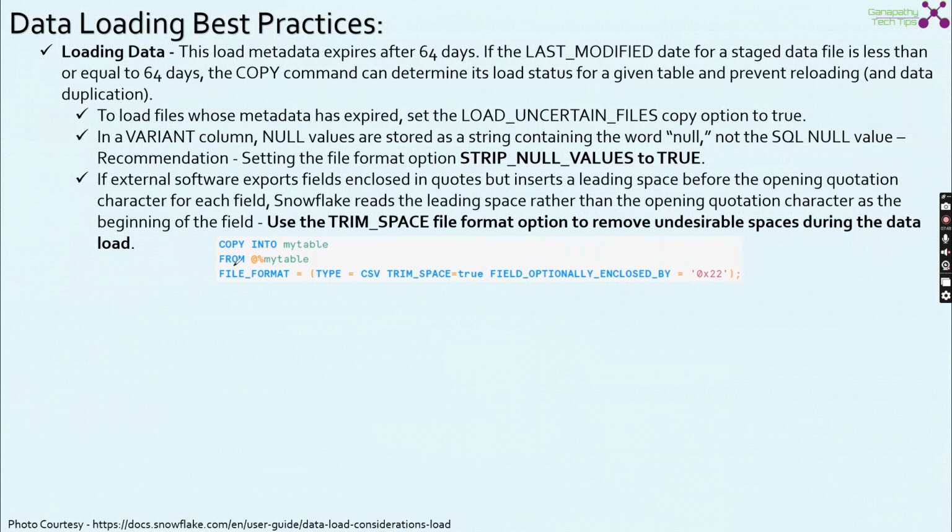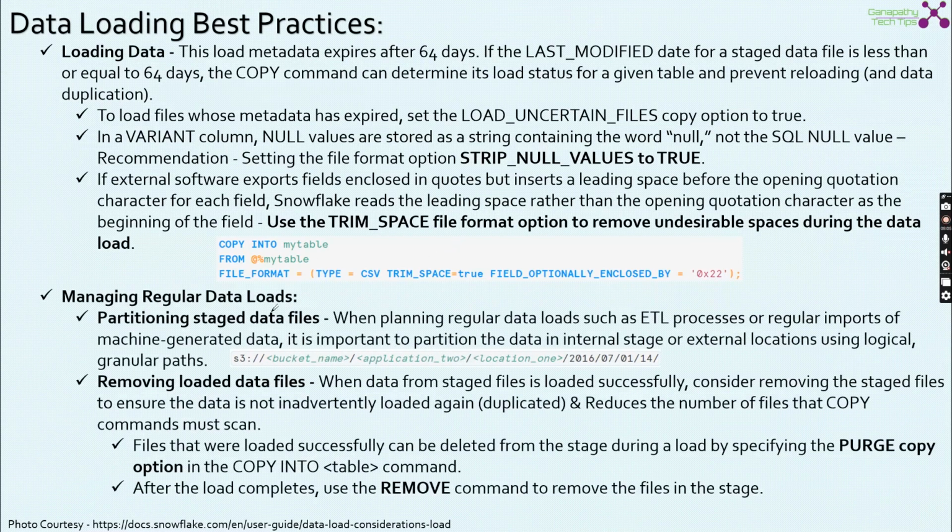Here is an ideal example: I am using copy into from the stage. The file format type is CSV, trim space equal to true, field optionally enclosed by 0x22. This will smoothly remove the leading spaces in your files.